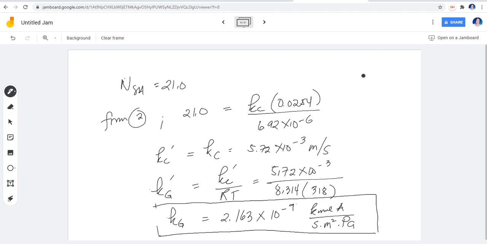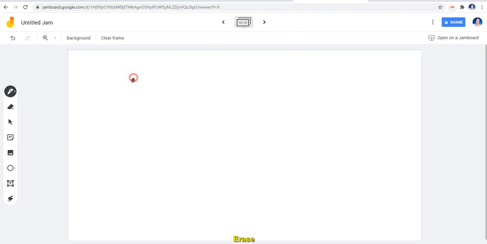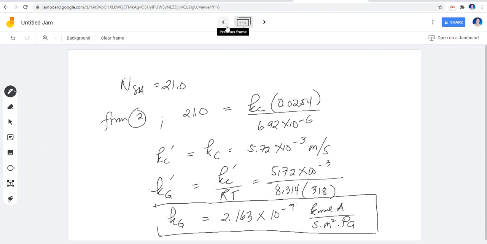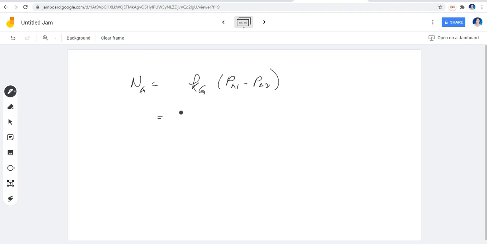The next unknown is the flux. So our N sub A is actually K sub G times PA1 minus PA2. So a substitution of the known values that are determined and given in the problem. This 2.163 times 10 raised to negative 9, we will multiply it by the partial pressure at point 1, which is 74 Pascal, and the partial pressure at point 2, which is all air, is 0.